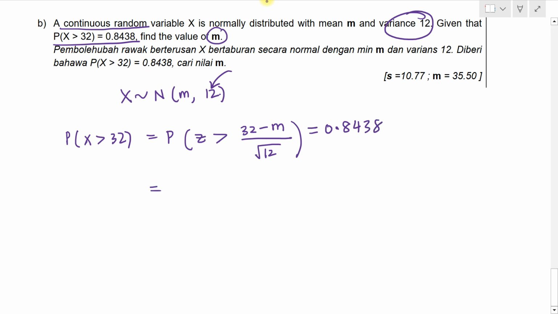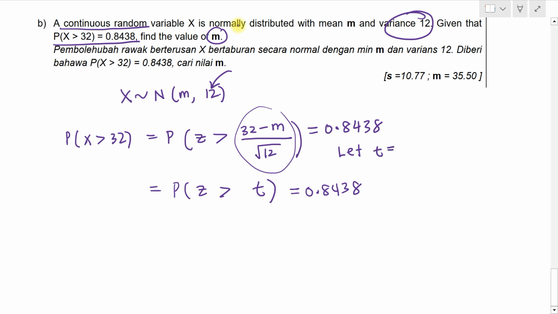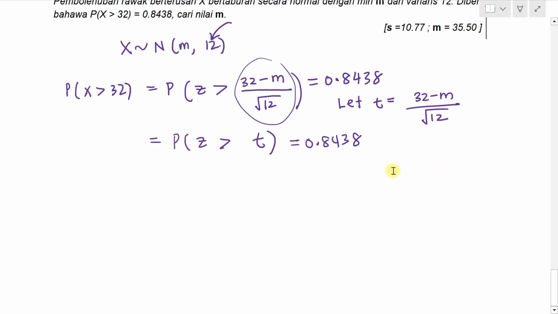Okay, first of all, looking at this you already feel stressed. We convert to T first. Whether it's positive T or negative T, I don't know, so I leave a little gap here. In case it's negative, I just write negative. I wait first. Okay, 8438. You convert first. Before that, you need to state: let T equal to 32 minus M over square root 12. You do it like that, it's fine.